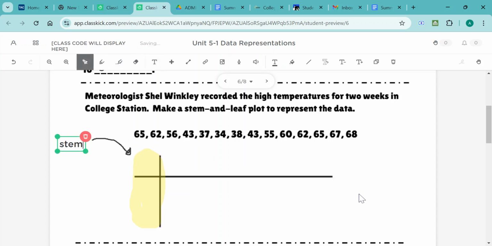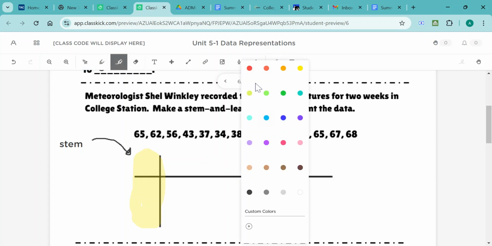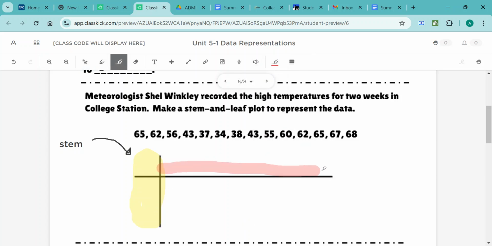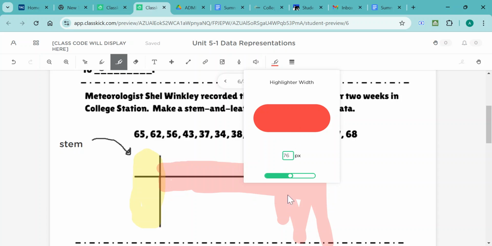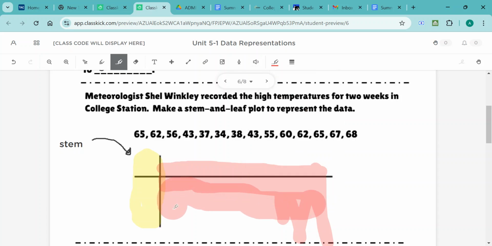So we have a stem, and then this whole other part over here is what we call our leaves. So I'll put this in red. The rest of this is the leaf. Now you don't have to highlight this like I am. I'm just doing it to show you the different parts. So we have a stem and we have a leaf. Not the best highlighting job ever.